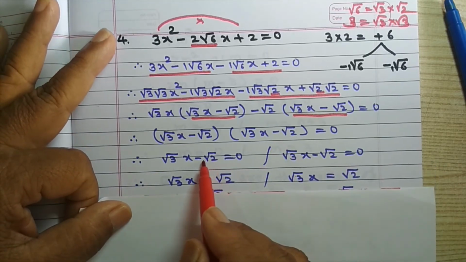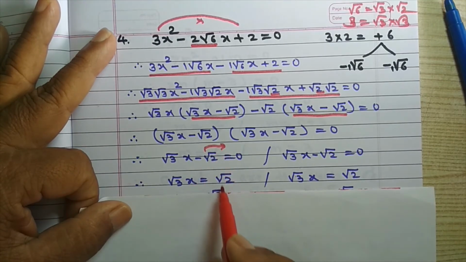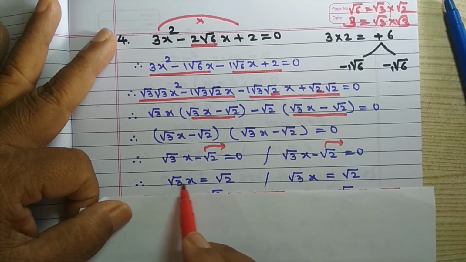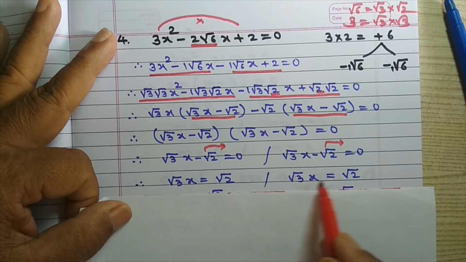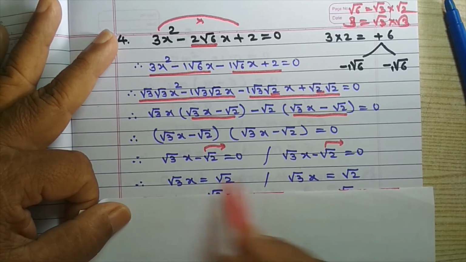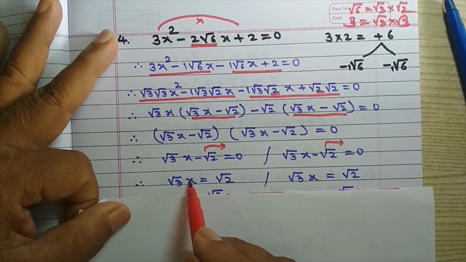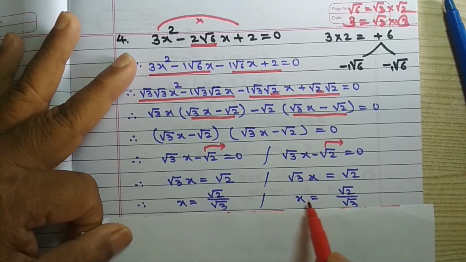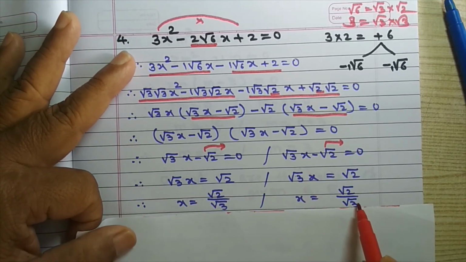Finally, minus root 2 is converted into plus root 2. Root 3x is equal to root 2. Okay, root 3 is multiplied by x, so x is equal to root 2 upon root 3.